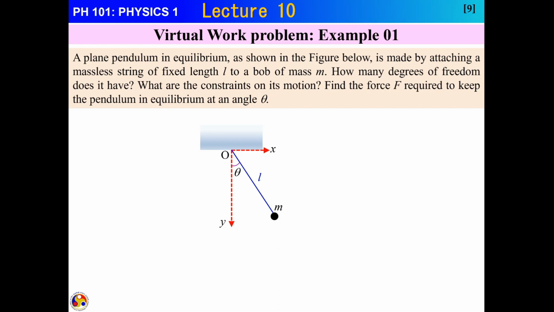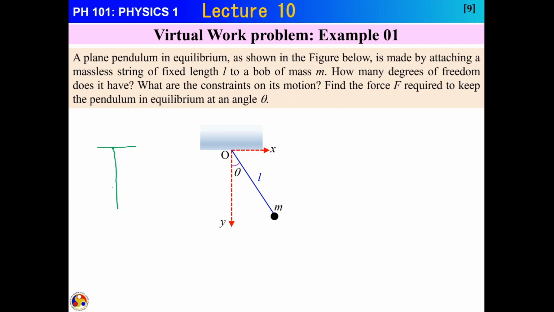For example, here a plane pendulum in equilibrium is shown in the figure below. Now, you all know that the pendulum normally in equilibrium, if it is fixed at a point here, has to be just straight downside, where there is no angle involved.